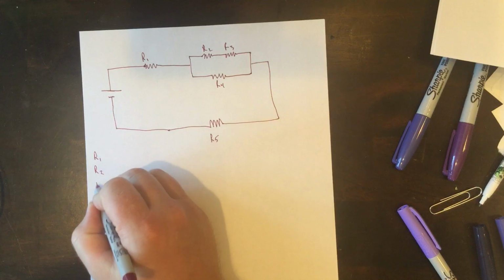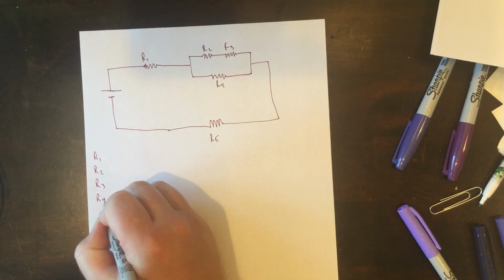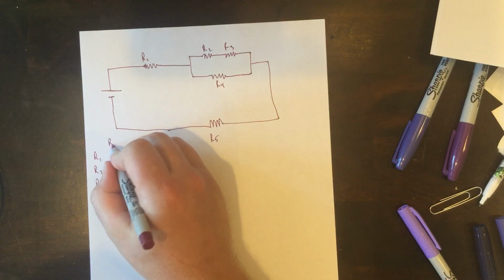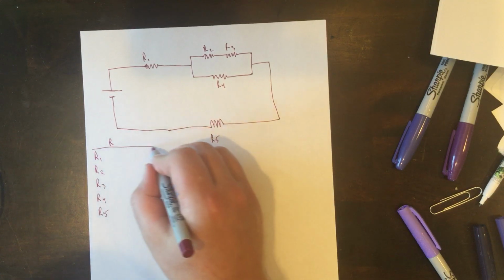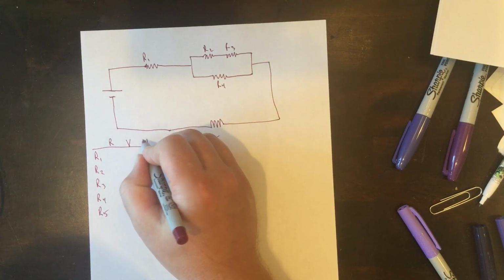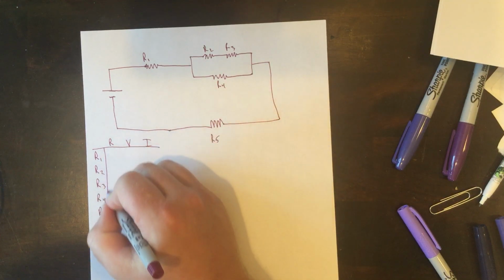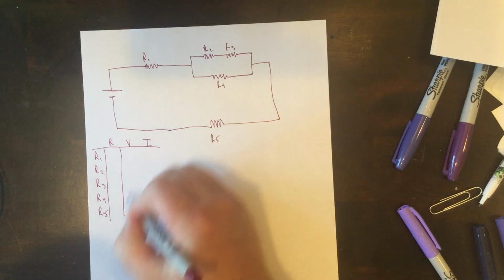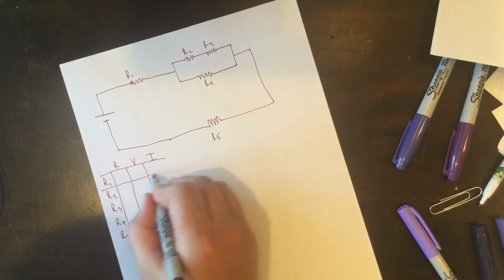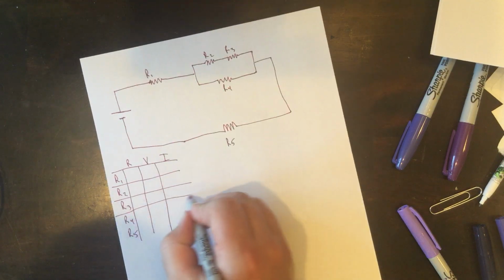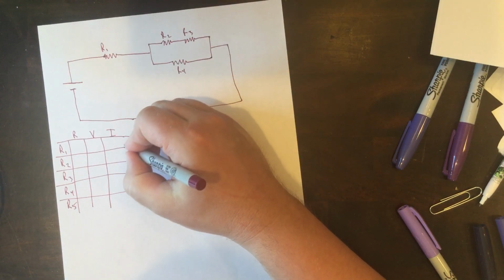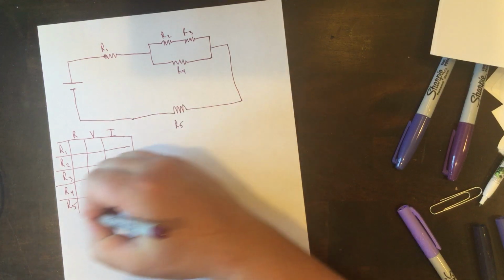R1, 2, 3, 4, 5, and then we would list the resistance of each, the voltage of each, and the current of each. Pretty terrible drawing. Okay, and I guess we could make this a little nicer and kind of box it.